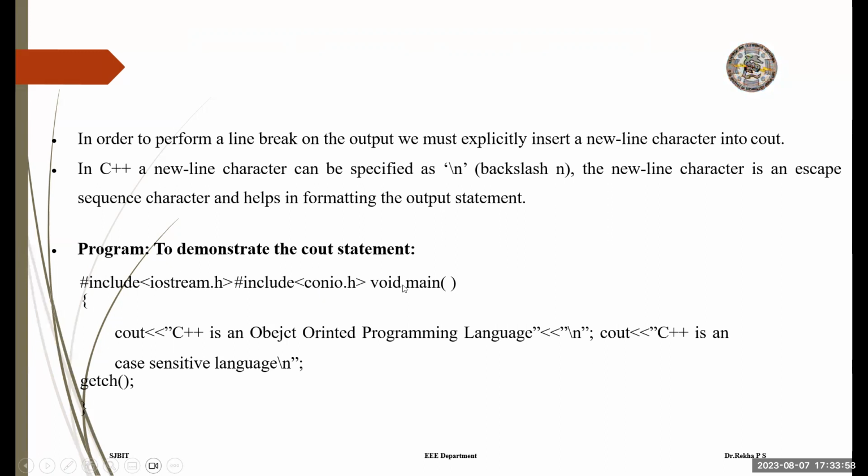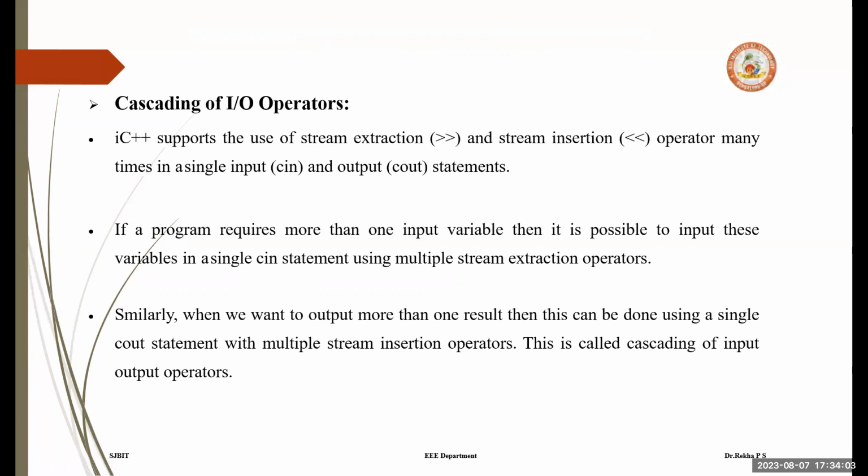Please do remember. This is the program to demonstrate the cout statement. Next, we can cascade input as well as output operators. That is, the extraction operator and insertion operator can be cascaded. So how it can be written, we'll see that. C++ supports the use of stream extraction and stream insertion operators many times in a single input and output statement, that is cin and cout statement.